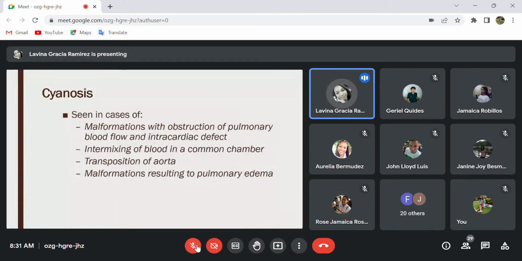before that pala, some common cases that can reflect that the animal might be suffering from a congenital disease is through cyanosis. And this cyanosis can be seen in these different conditions. The first one is malformations with obstruction of pulmonary blood flow and intracardiac defect. That means there is an obstruction, or a malformation or stenosis or whatever that affects the circulation of the blood.